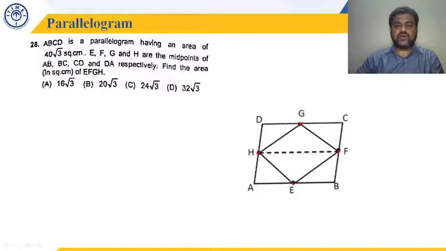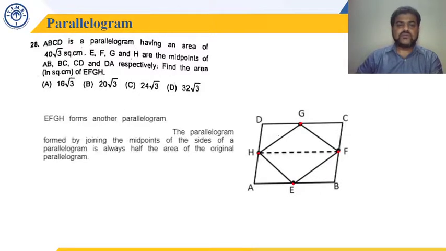And the area of this EFGH will be half of the area of the entire bigger parallelogram, which is ABCD. This is also one property that I mentioned. So what is the area of parallelogram ABCD? It is 40 root 3.